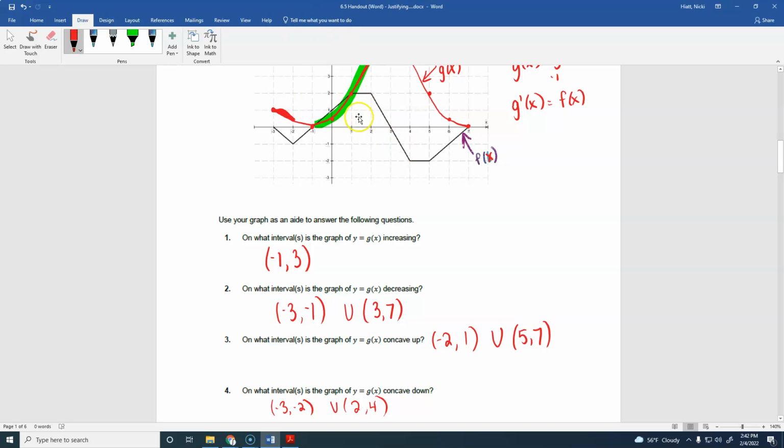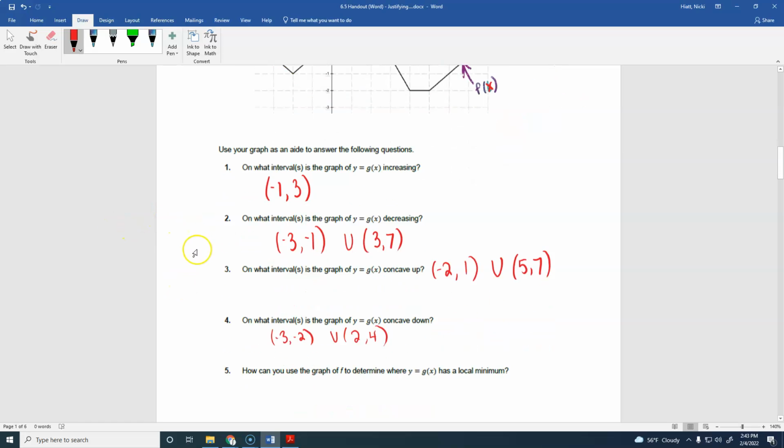Okay, so in both of those places, we see that our derivative is decreasing, causing our function to be concave down. Mine did not look very concave down right here. All right, questions?